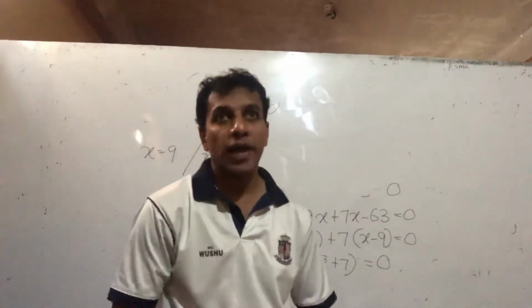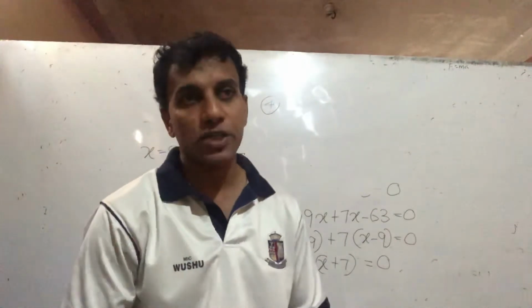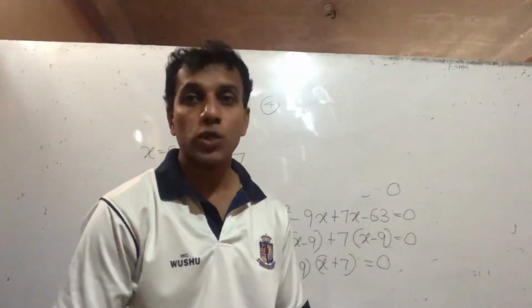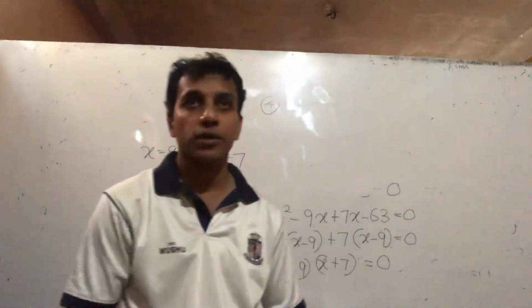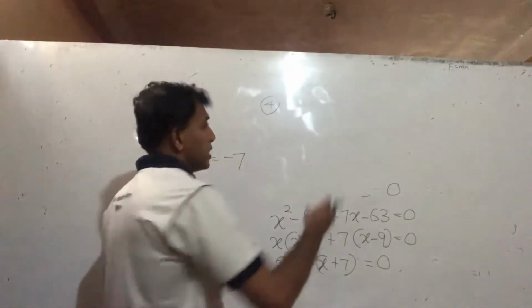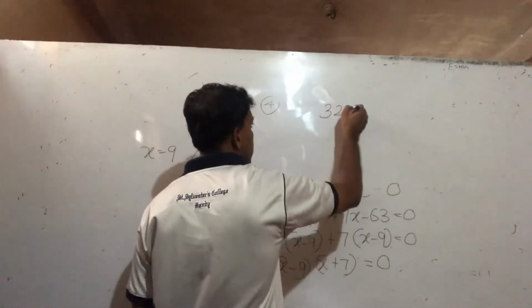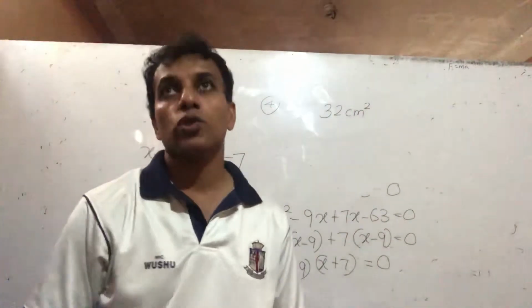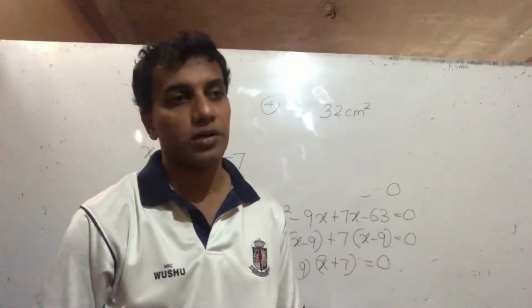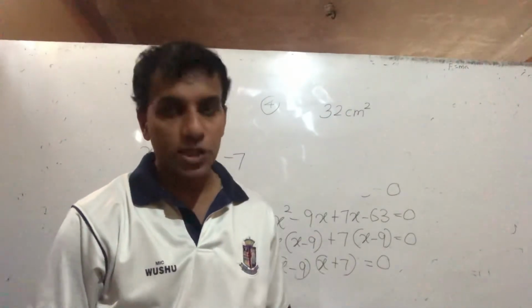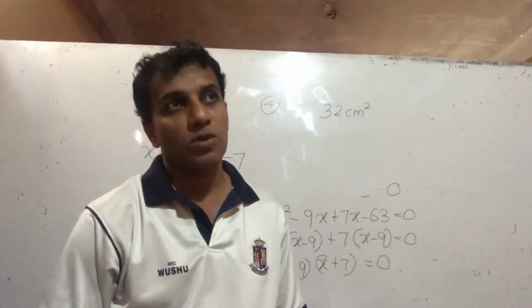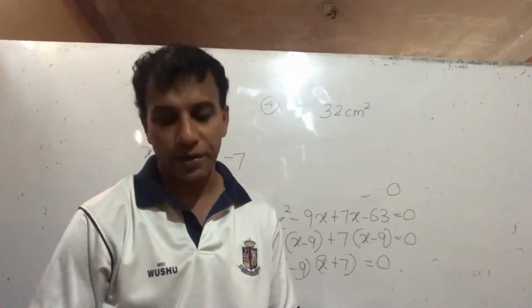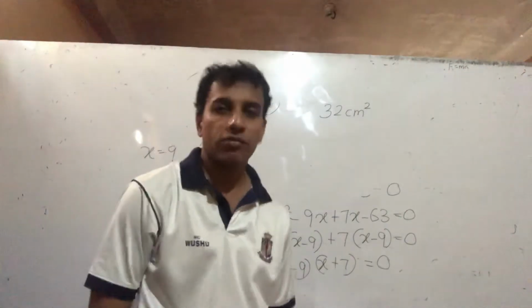The area of an isosceles right angle triangle is 32 centimeters square. Find the sides of that triangle.